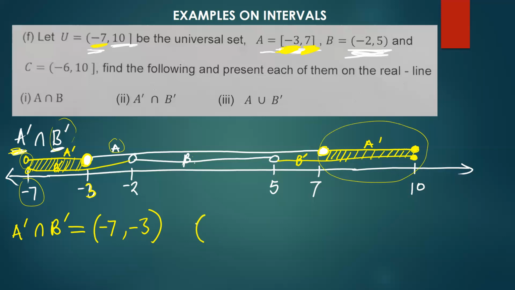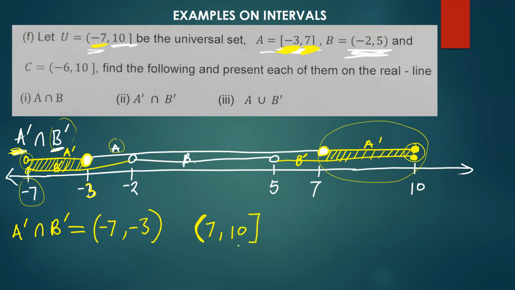The reason I've put this open bracket is because 7 is not part of the complement. So we write 7, open, and then at 10 we say comma 10, and it's closed at 10.